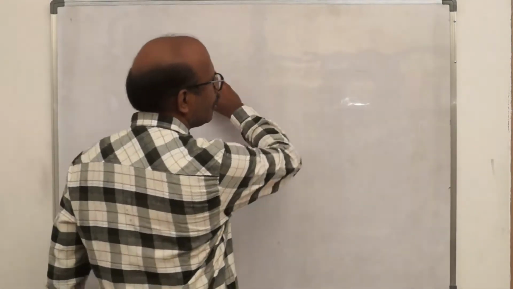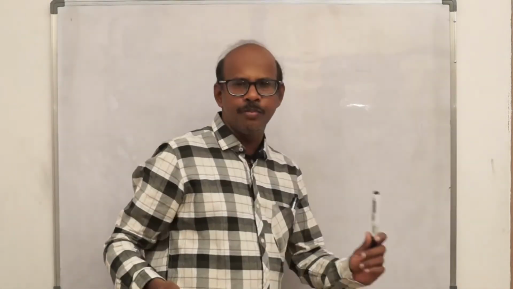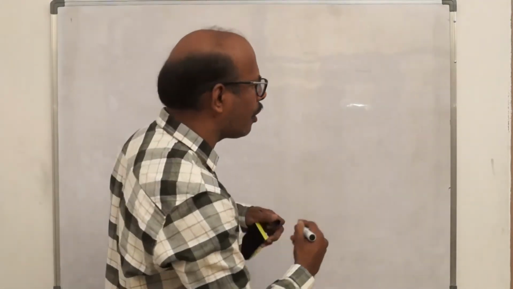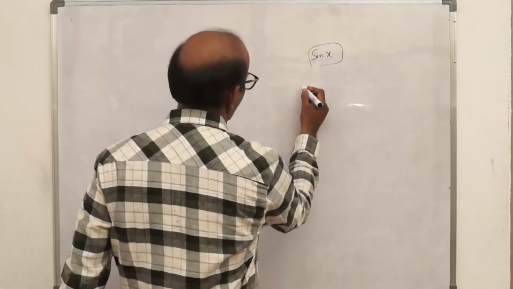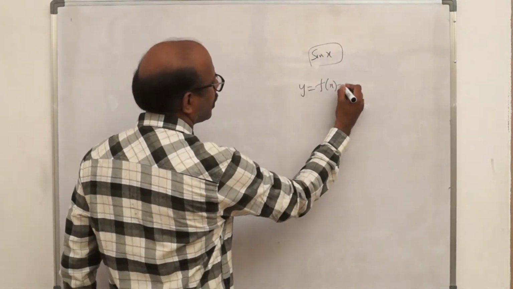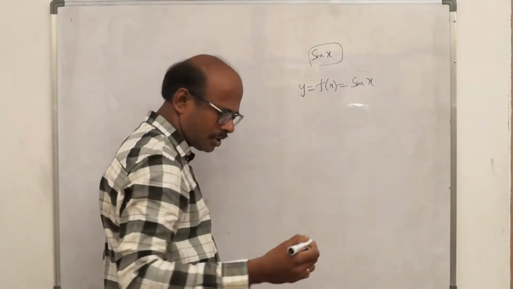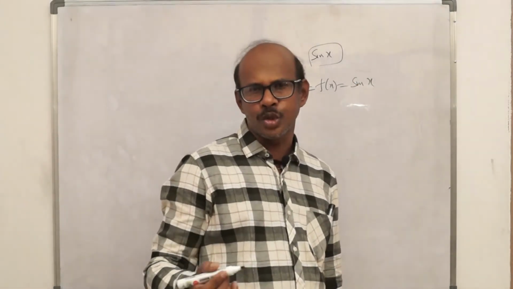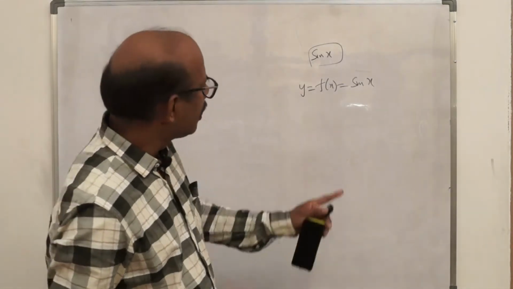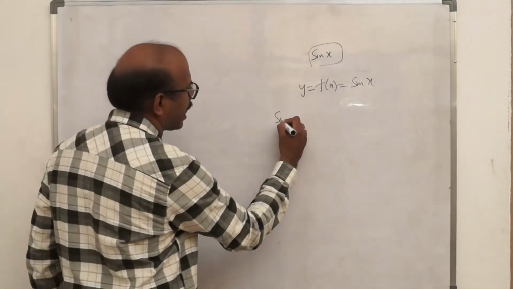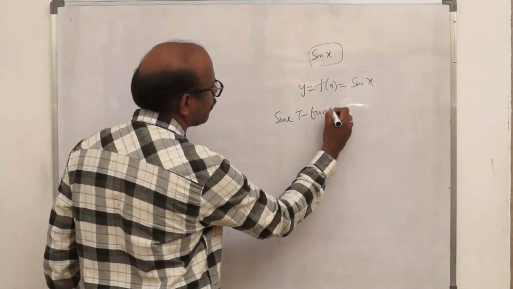Now I am giving a simple idea of graph knowledge of sin x. Concentrate. y equals f of x equals sin x is a trigonometric function. Trigonometric ratios sin to cot are indirectly functions, called trigonometric functions.